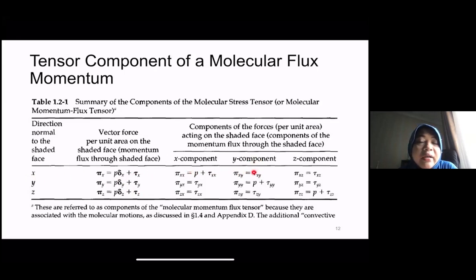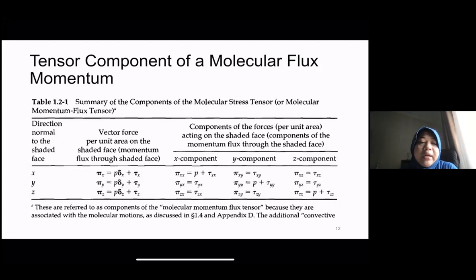That means i is not equal to j, so there is no pressure in that one. And then if we consider the direction to the shaded face in the y, we have another 3 sets of components, and with the z we have another 3 sets. So in total there would be 9 breakdowns of the molecular momentum flux.